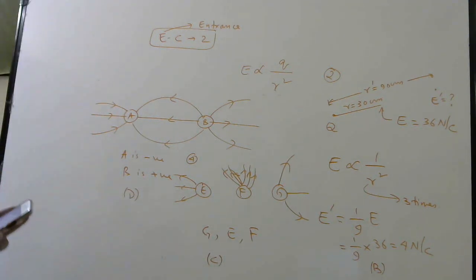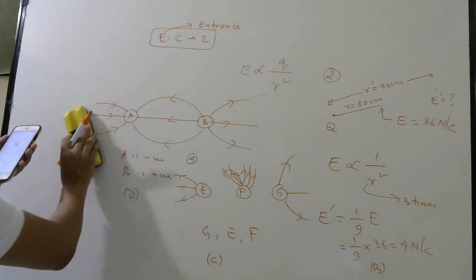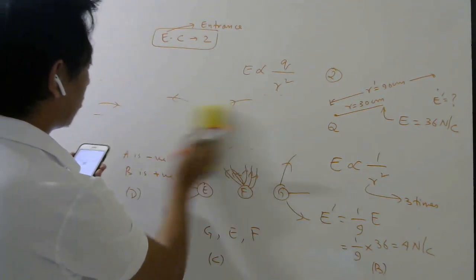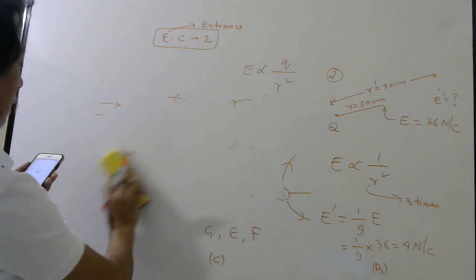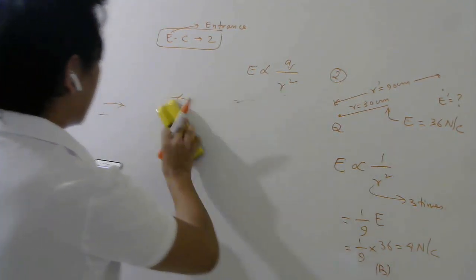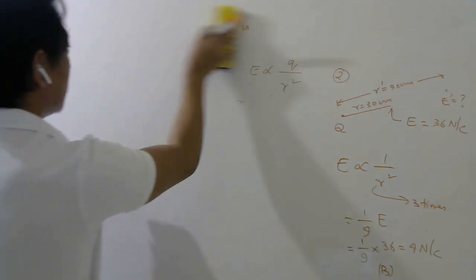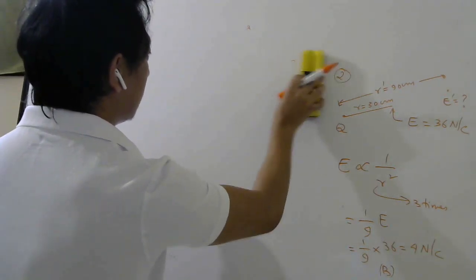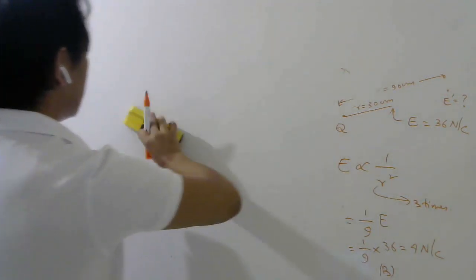Next question, question number 4. Actually, question number 4 cannot be done right now because we have not discussed electric field due to spherical charge till now. We have discussed for line charge, ring charge, but we have not discussed electric field due to spherical charge, right?